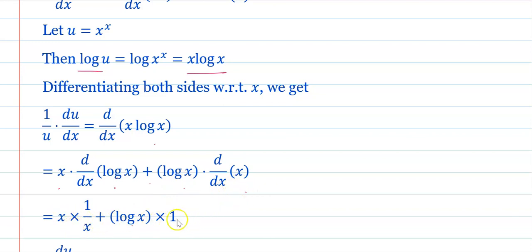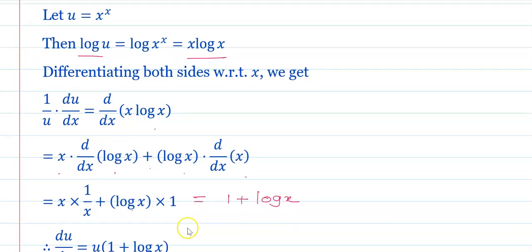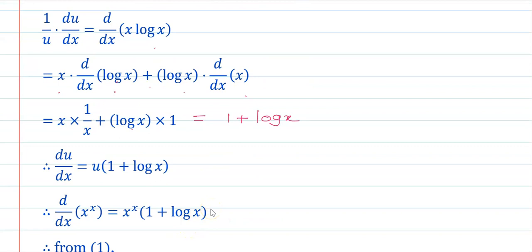Here the x will get cancelled. Then you will get 1 plus log x. This is equal to, therefore, 1 upon u into du by dx, that is equal to 1 plus log x, and therefore du by dx is equal to u into, in bracket, 1 plus log x.